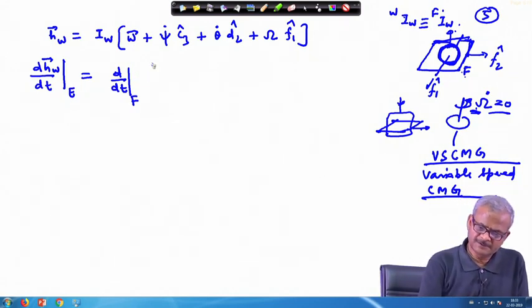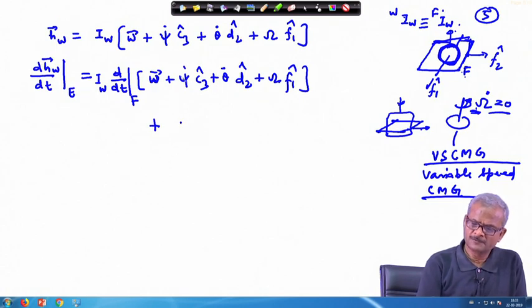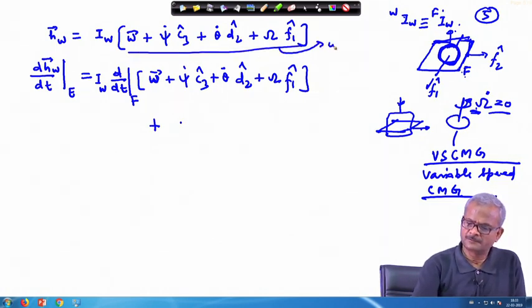So, under this assumption, now if we differentiate this, we can write here I w outside, and then with respect to the F frame, and this is omega plus psi dot C 3 cap, theta dot d 2 cap, and capital omega times F 1 cap, and plus, so this quantity is your omega wheel with respect to the E frame.